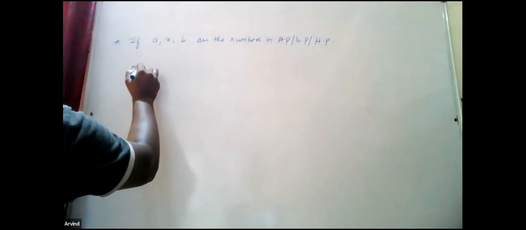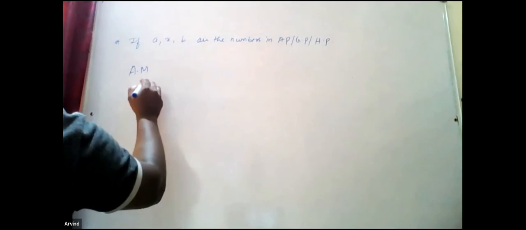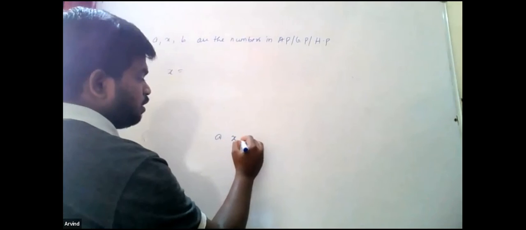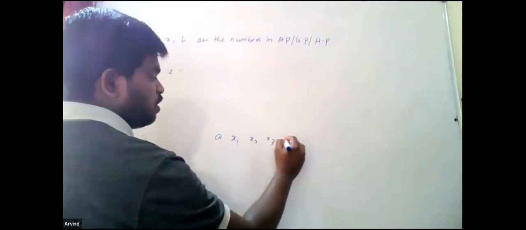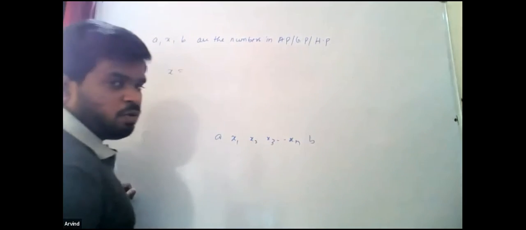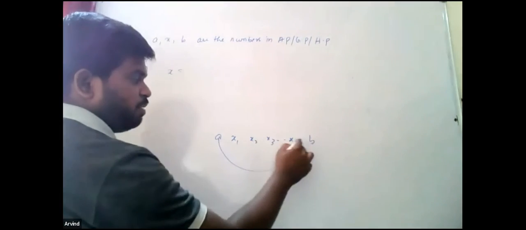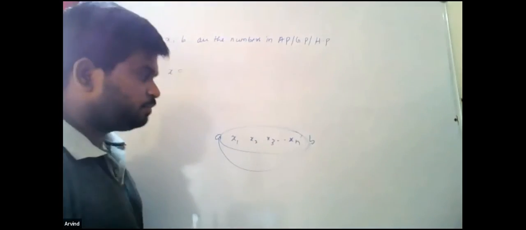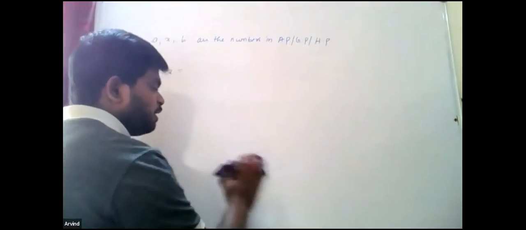Suppose it is AP, then X is the arithmetic mean. The arithmetic mean is whatever lies between these two numbers. For example, suppose A, x1, x2, x3, and so on up to xn, B. What is the arithmetic mean between A and B? It is these numbers, that's it. That is known as arithmetic mean, the numbers in between the two.